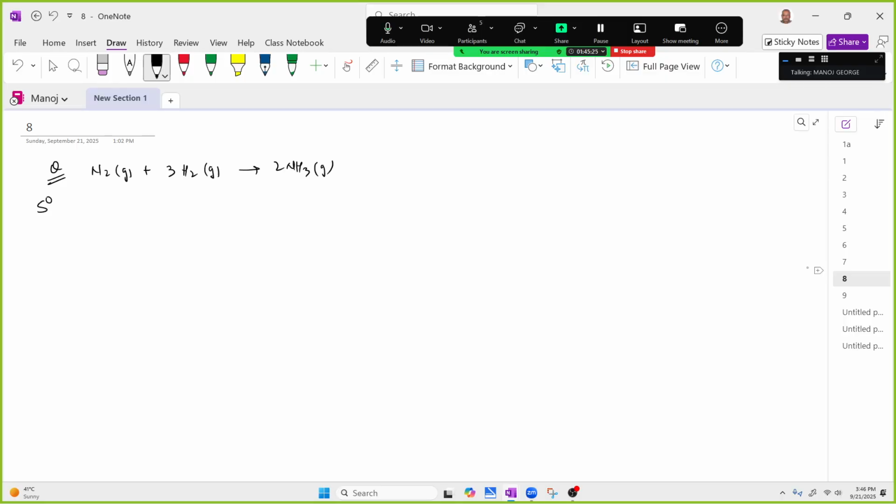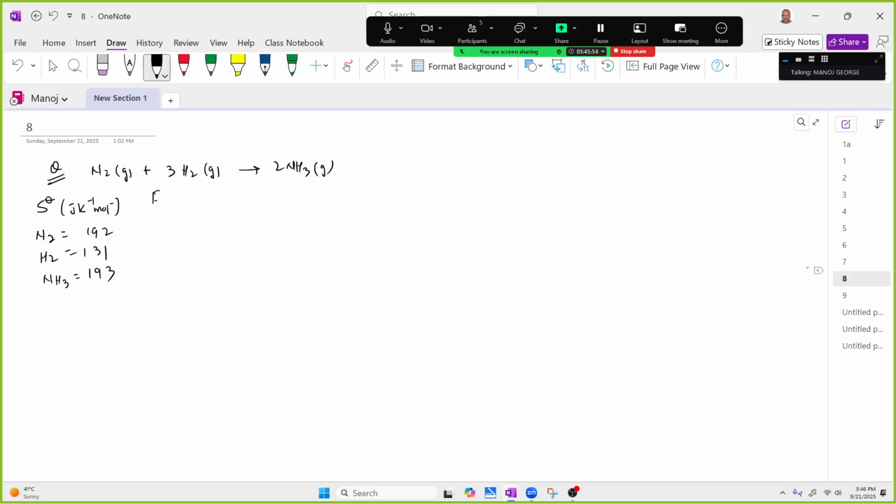The entropy values in terms of joules per Kelvin per mole for each of the species: for nitrogen it's 192, for hydrogen it is 131, for ammonia it is 193. Okay, go ahead, get me the final answer.